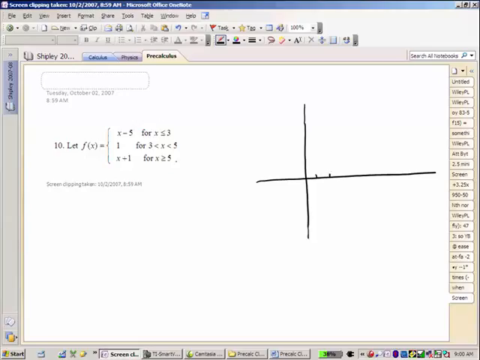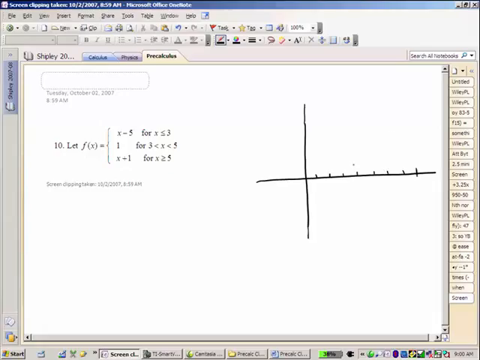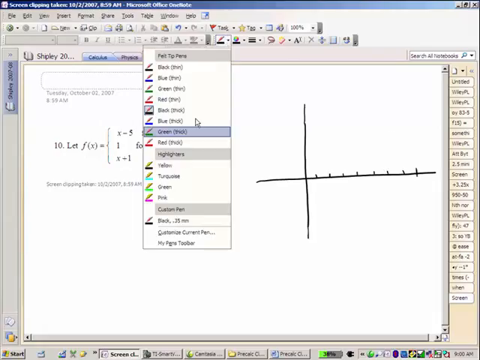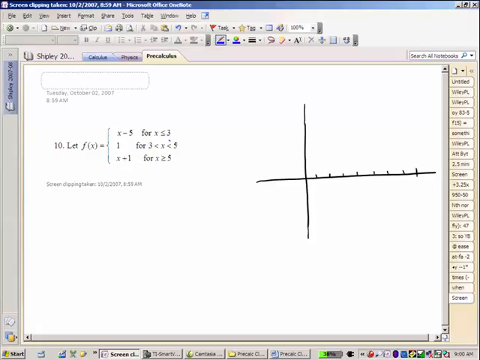I'm looking over here, right? Most of the action is happening between 3 and 5. 1, 2, 3, 4, 5, 6. All right. I will do this rule. Between 3 and 5, the function is equal to 1.